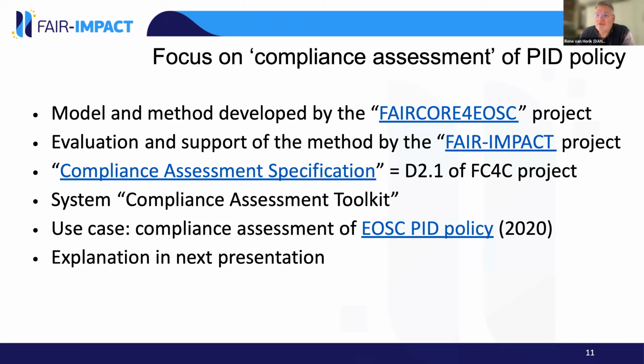So I don't know what we can do, maybe in the chat, to put the persistent identifier to Zenodo to this specification. But you will have, of course, the opportunity, or put it in the notes, because then you also have access to the specification.